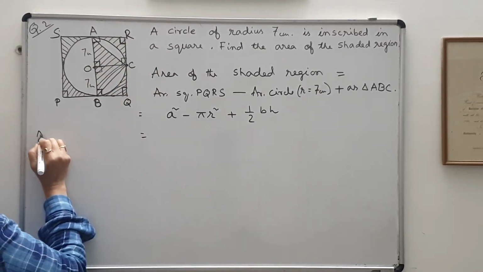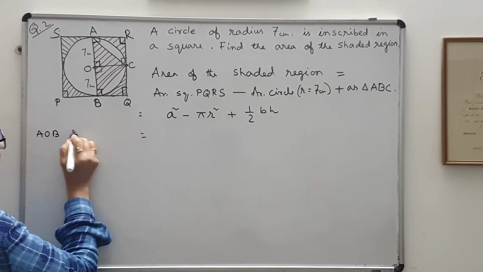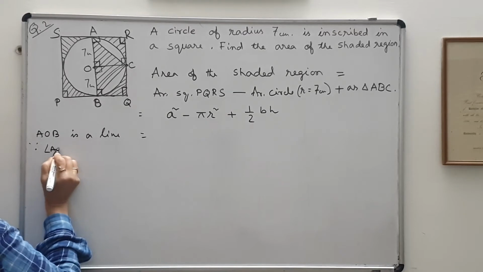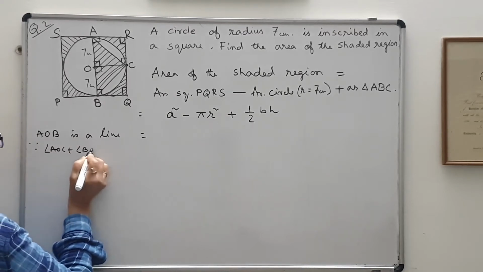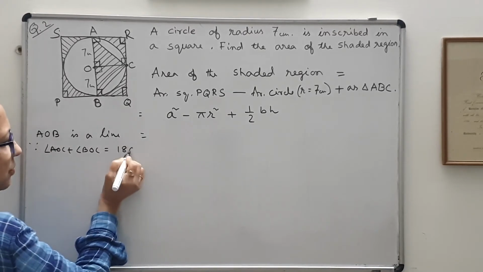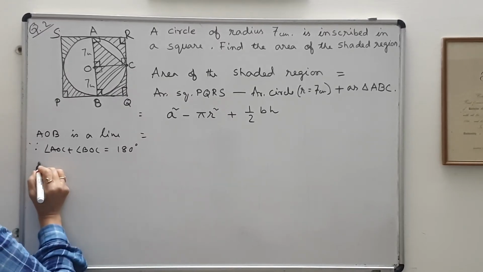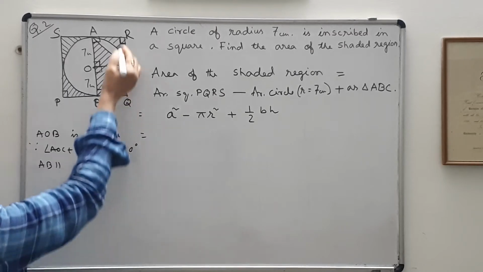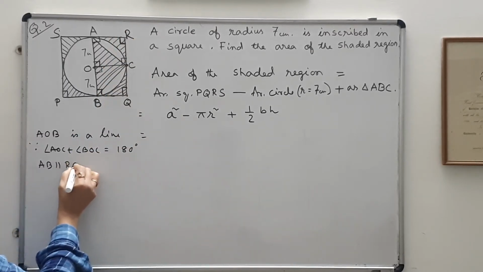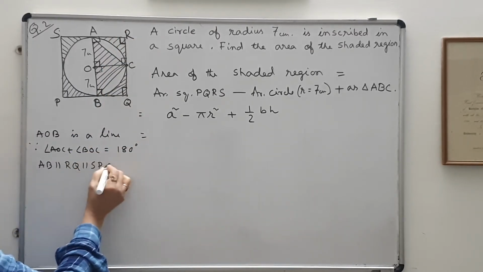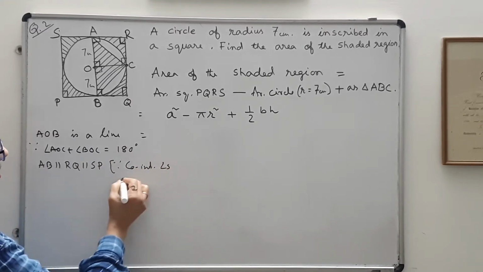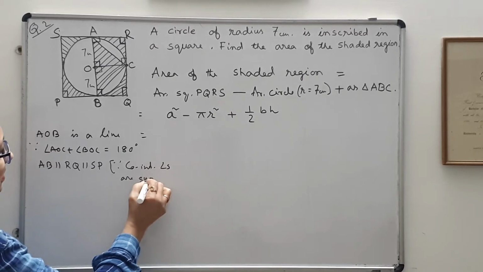Let me write: AOB is a straight line, since angle AOC plus angle BOC is 90 plus 90, 180, and AB is parallel to RQ or SP, since co-interior angles are supplementary.